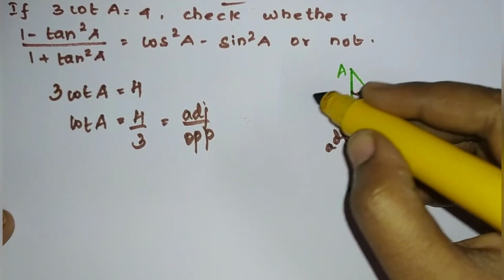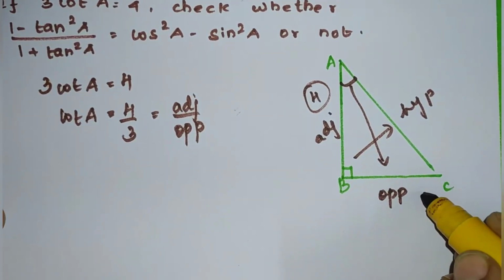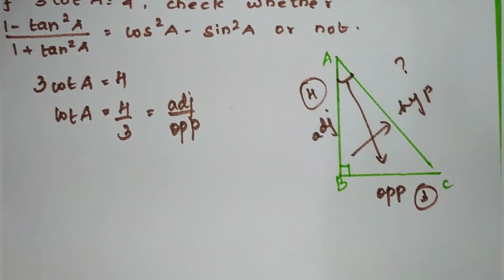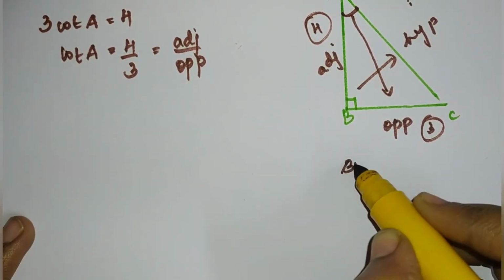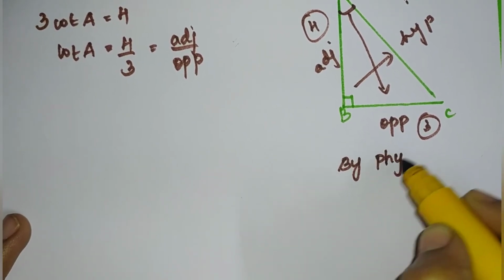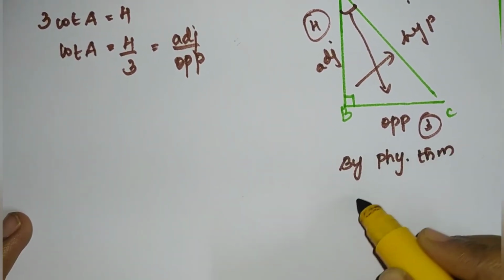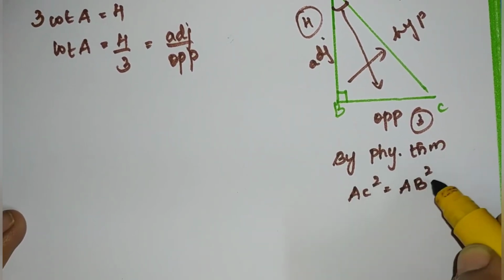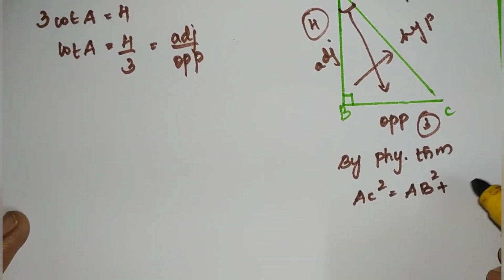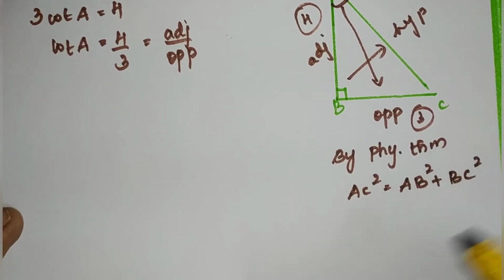Adjacent is 4, opposite is 3, and you have to find the hypotenuse by Pythagoras theorem. AC square is equal to AB square plus BC square.